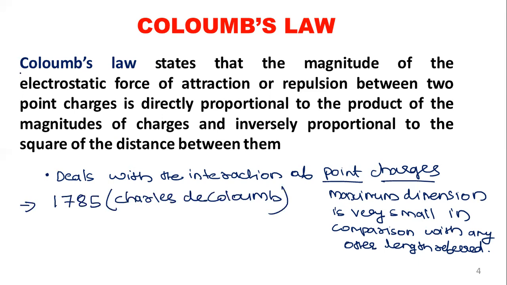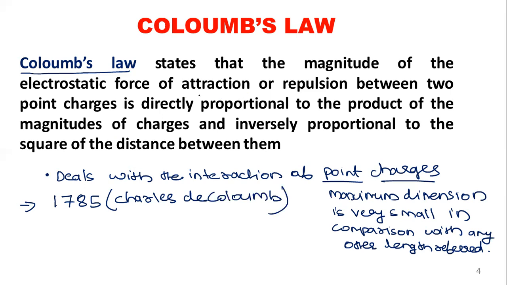Coulomb's law states that the magnitude of the electrostatic force. So now you know what electrostatic force is. Depending upon whether two charges are both positive or both negative, that is like charges or unlike charges, there will be a force of attraction or a force of repulsion. You know that.